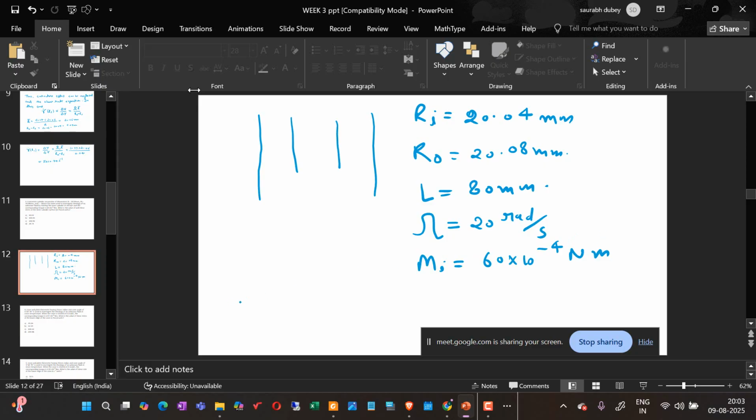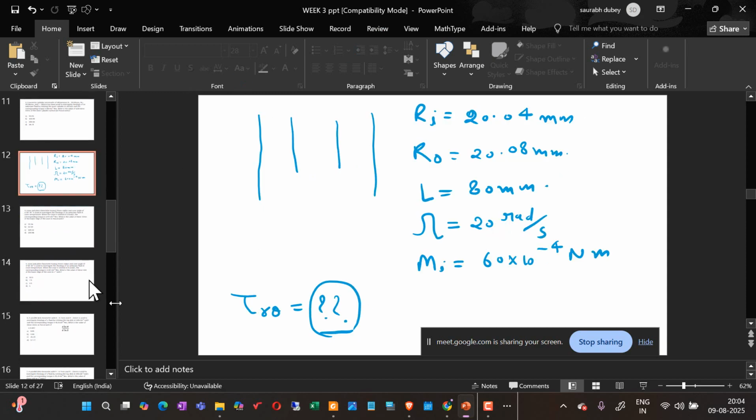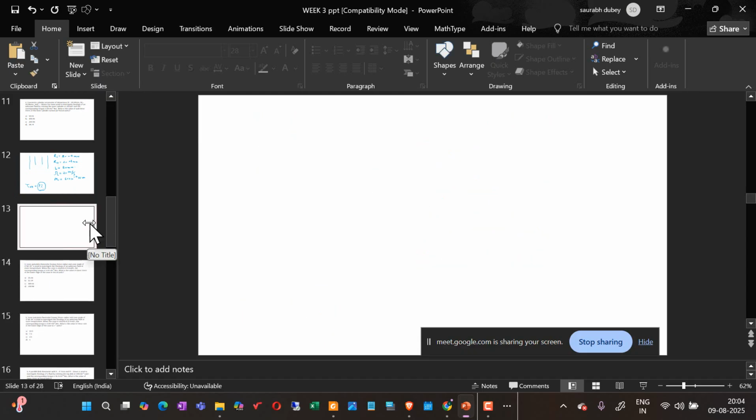Okay, inner cylinder is Ri, right? So when you calculate these parameters, you can obtain the wall shear stress using the concentric cylinder rheometer: tau at Ri equals M divided by 2 pi L Ri squared.